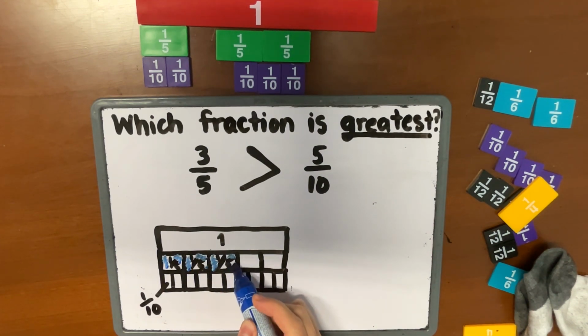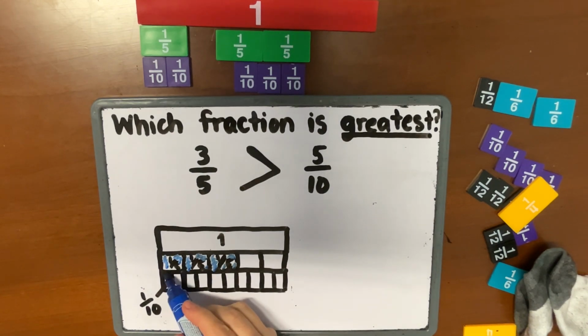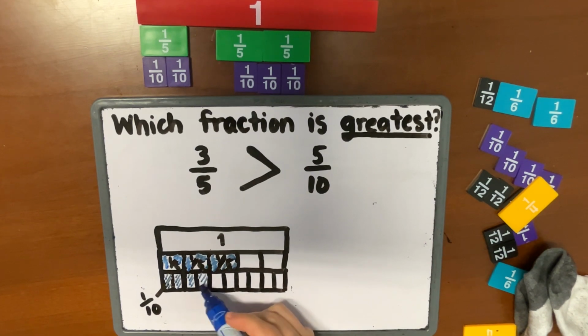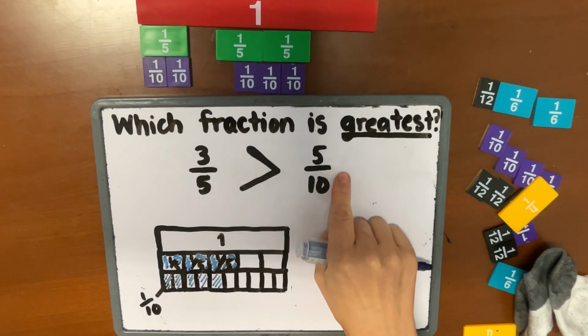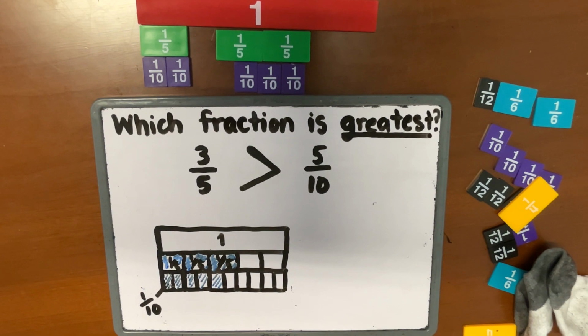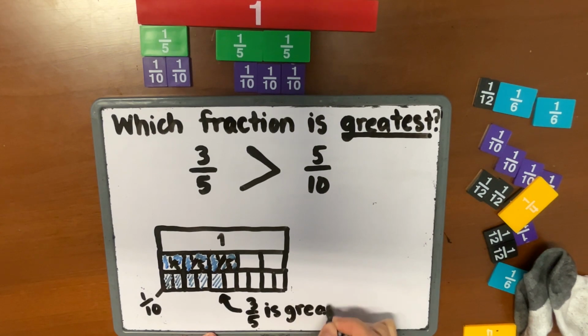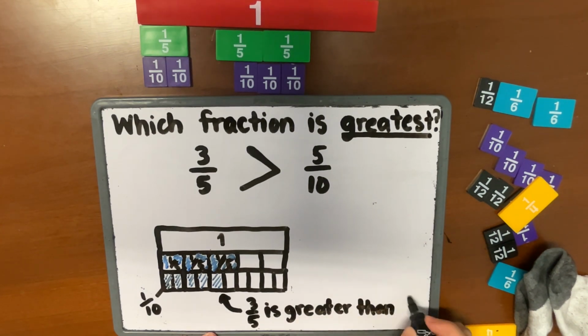So I can see here, I have 3/5, and here I can color in the 5/10, not 6 of them, it's 5/10. So here I can see, and I can even write a note that says 3/5 is greater than 5/10, and I've just shown it.